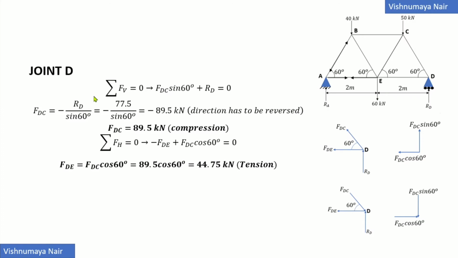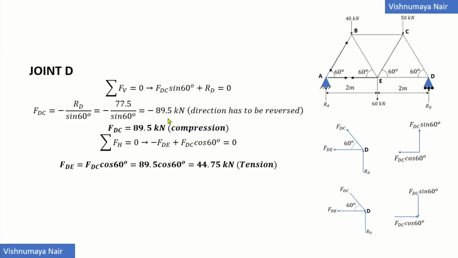Let's now consider the equilibrium of the forces. So summation FV is equal to 0 implies FDC sin 60 plus RD is equal to 0. So FDC will be equal to minus RD by sin 60. RD is equal to 77.5 kilonewton. Therefore, this will be equal to minus 77.5 by sin 60, which is equal to minus 89.5 kilonewton.